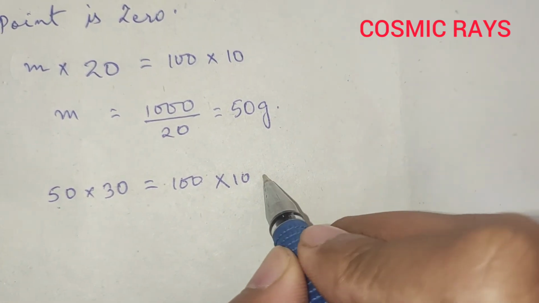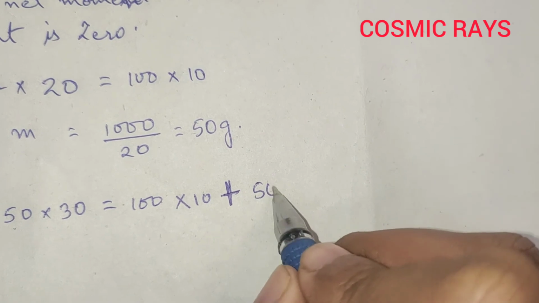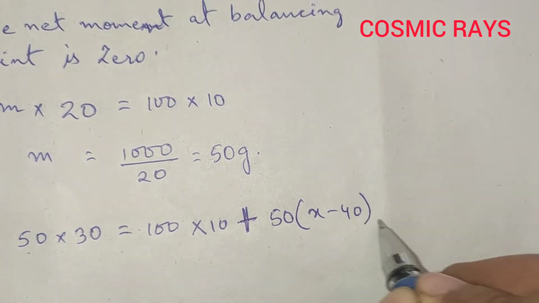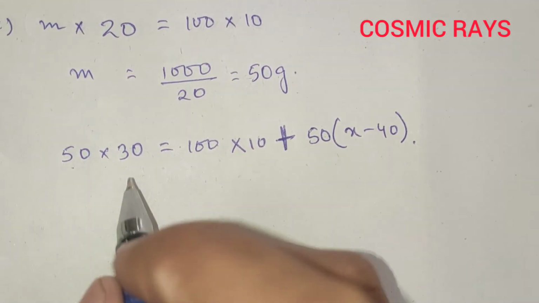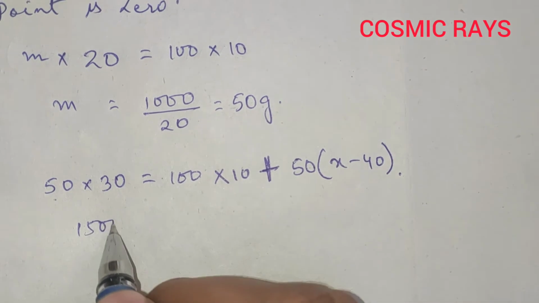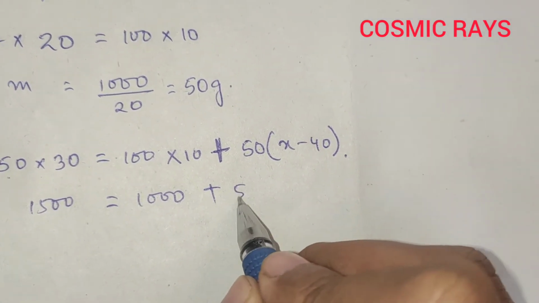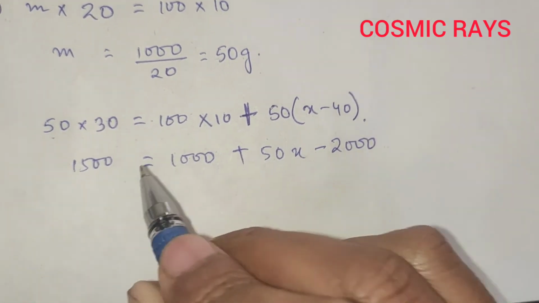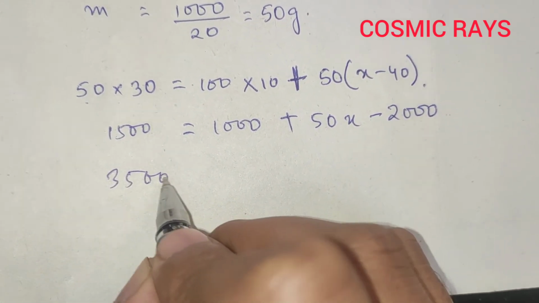10 plus 50, that is the balancing point, into x minus 40. So if we solve this, this is 1500, this is 1000 plus 50x minus 2000. Minus 2000 coming this side will be added with this, so that is 3500.